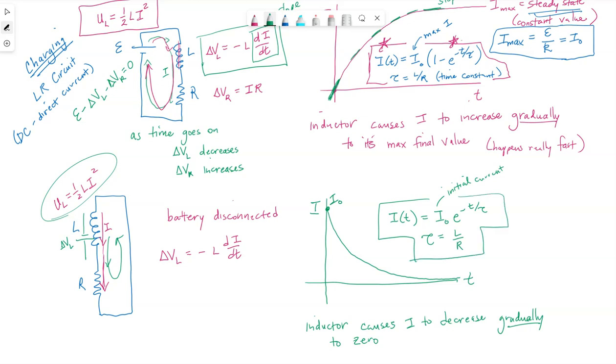So if a battery is removed and we have a path for those charges to move through, we will have this situation, which we call a discharging LR circuit. It's not technically losing charge.